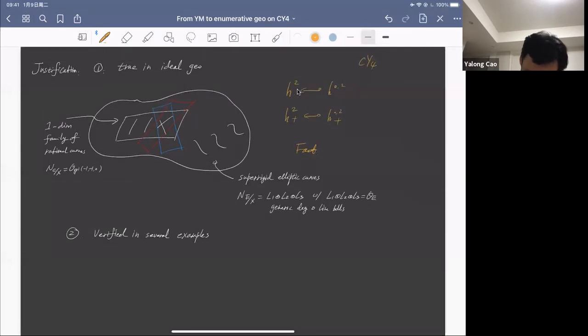Let's say X is a Calabi-Yau fourfold, and let's say the holonomy group is strictly SU(4). So there's no reduction to a Calabi-Yau threefold cross C or something. Then H02 of X is 1.